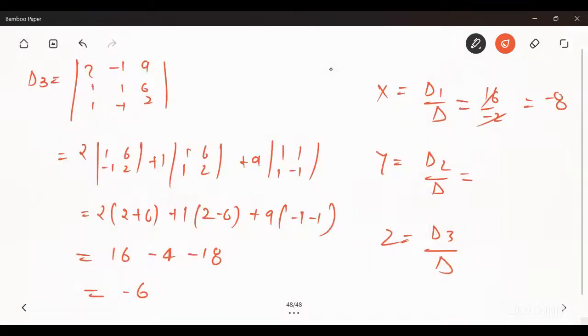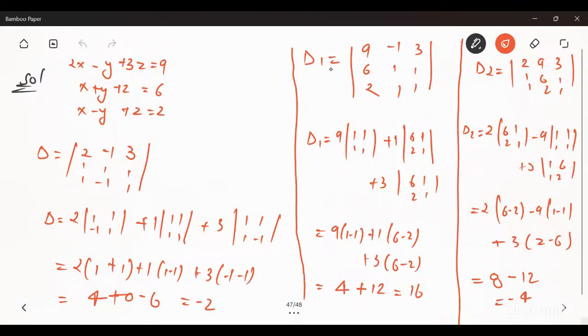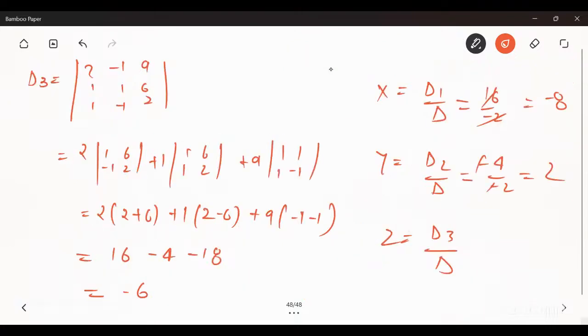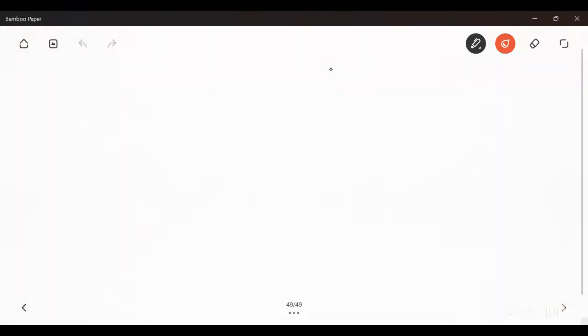Delta 2 is minus 4 upon minus 2, so you will get 2 as the answer. Delta 3 is minus 6 by minus 2, so you will get 3 as the answer. So minus 8, 2, 3 will be the values of x, y and z.